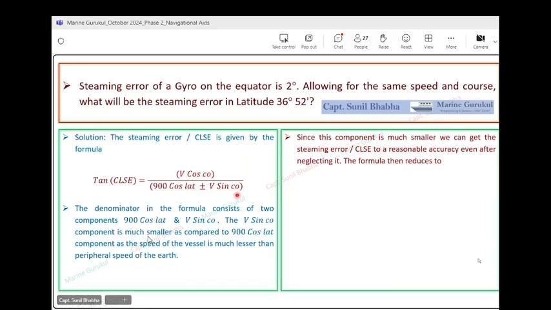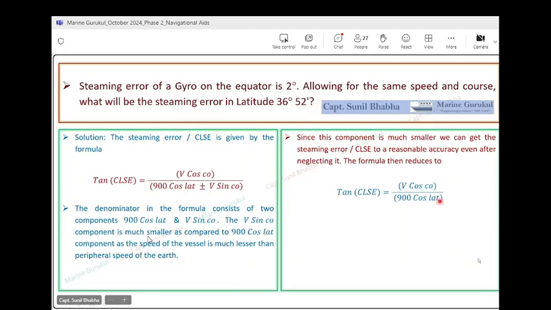Now, if we neglect the second component, that is the V sin course component, the formula reduces to tangent of CLSE is equal to V cos course divided by 900 cos latitude. So the formula has been simplified now.